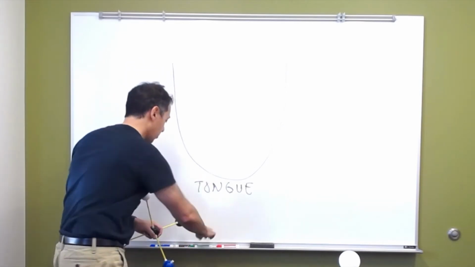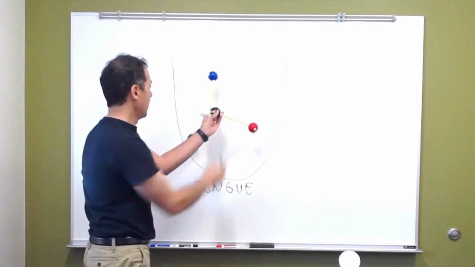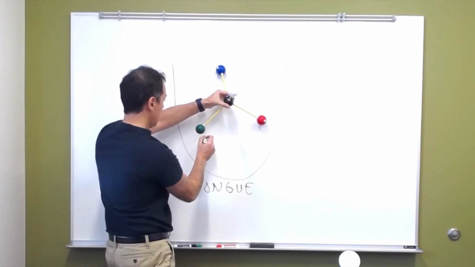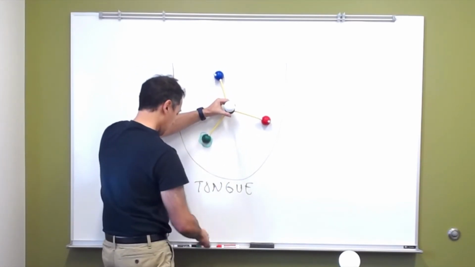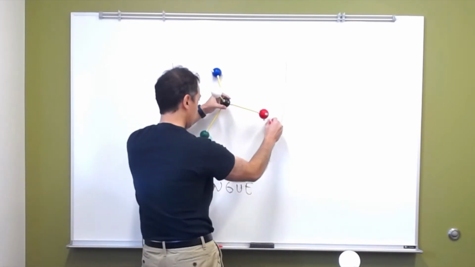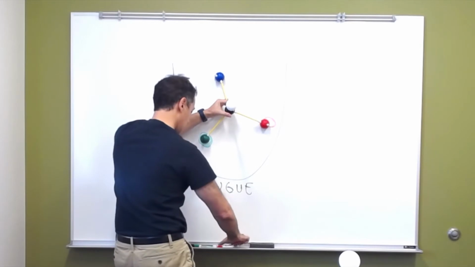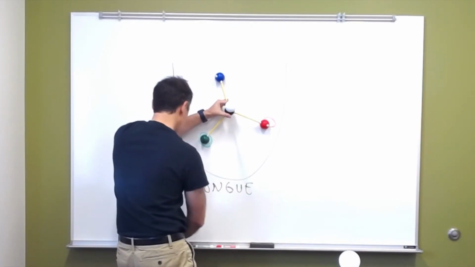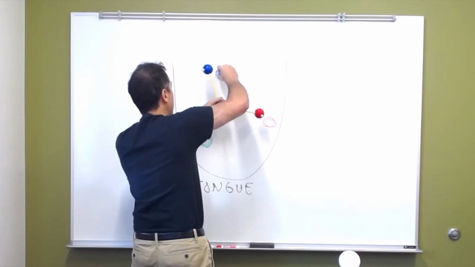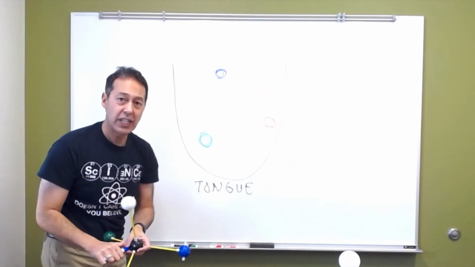So here we have a taste receptor, and that taste receptor lines up like this, where we have, say, green right here, and then we have a red over here, and then we're going to put blue on the top. So that's our taste receptor.